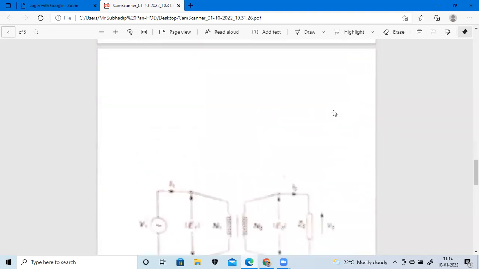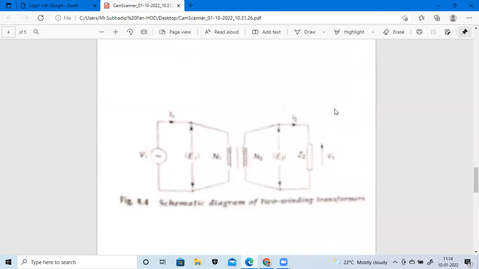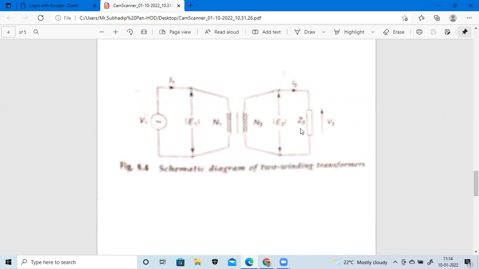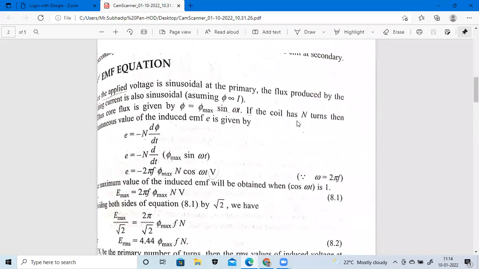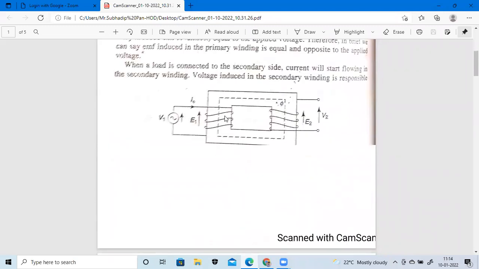Next, we want to discuss the schematic representation of the single phase transformer in electrical circuit form. Whatever schematic diagram I have shown here, can we show it in electrical quantities?